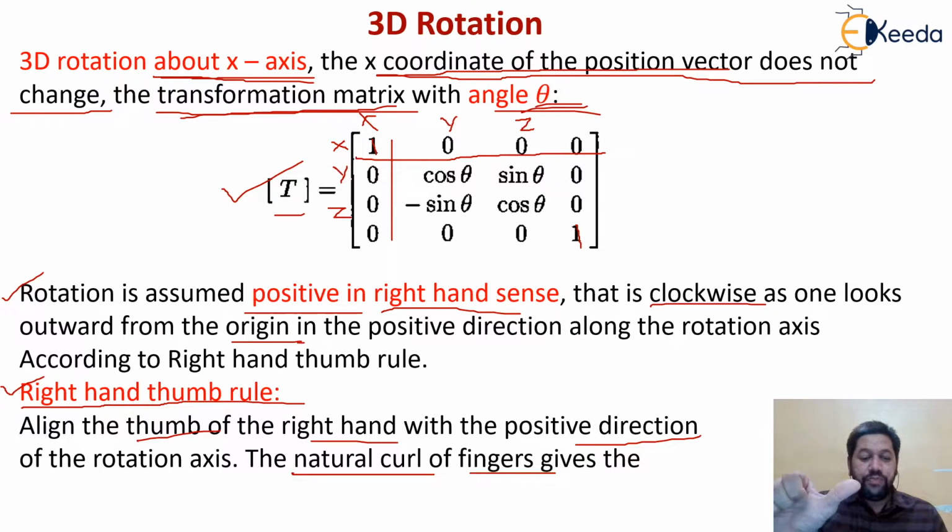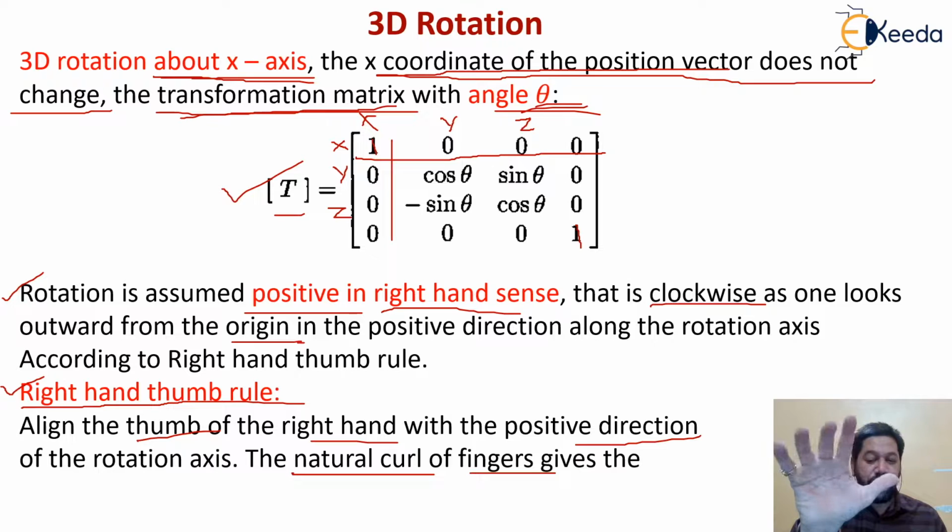Align the thumb of your right hand in the positive direction of the rotation, and this is my natural curl of fingers. So if my object is rotated in this way, because this is my natural curl of fingers, this is the positive angle that I am going to put.